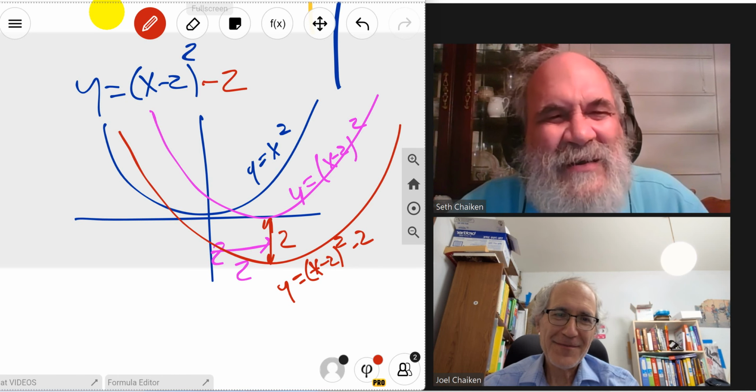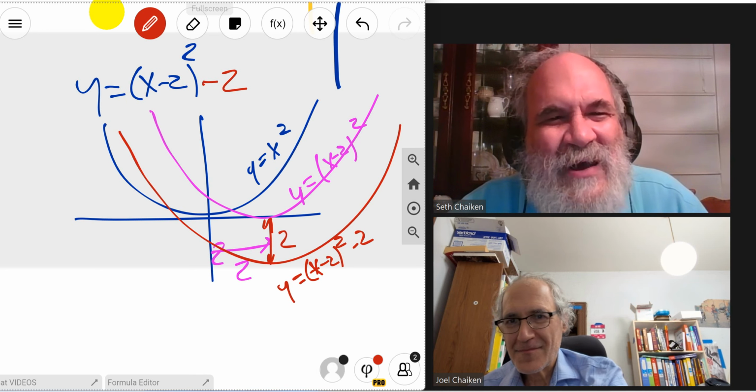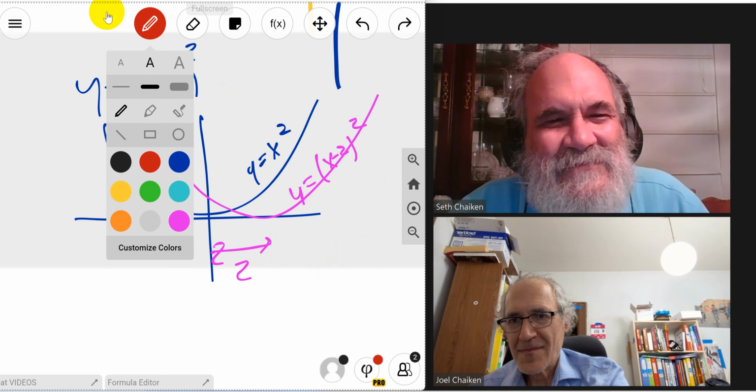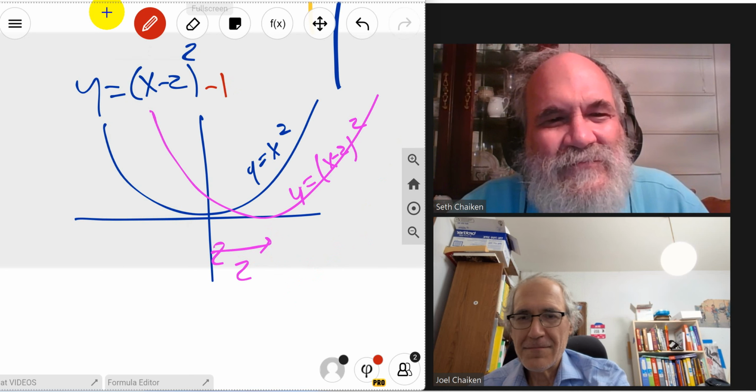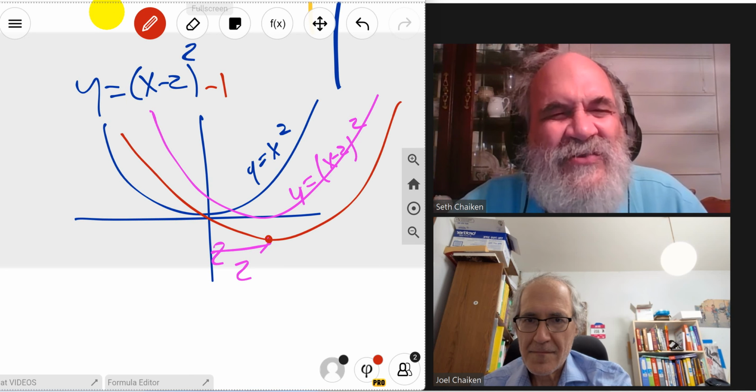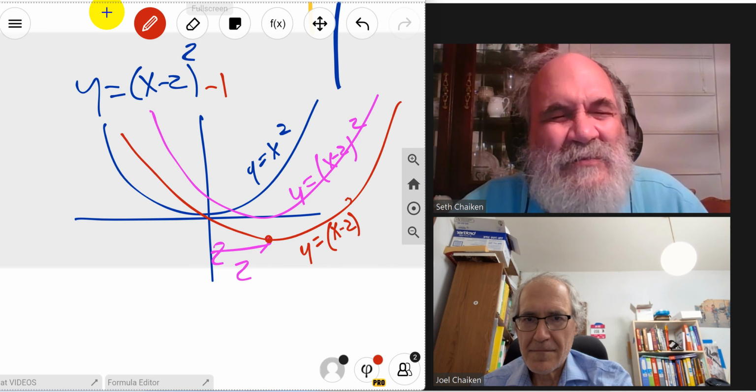So change the 2 to a 1. There we go. Minus 1. So it's still true, even though y never attains the value minus 2 with that function.